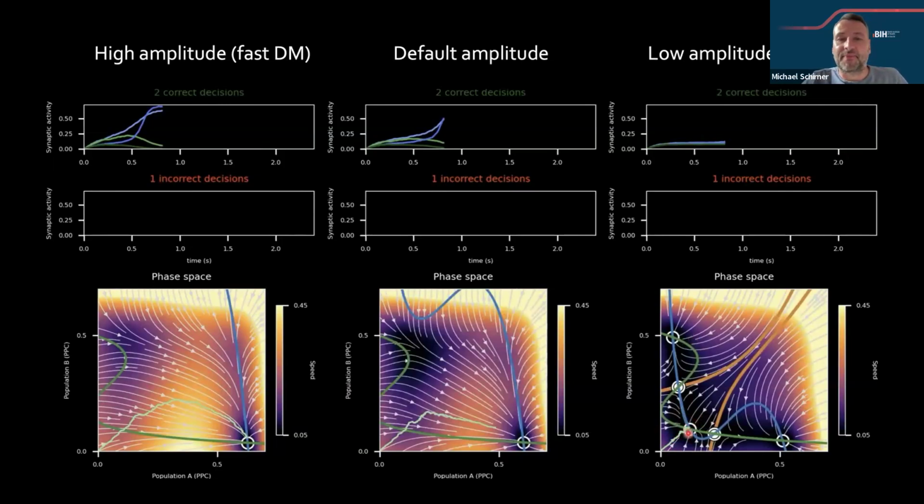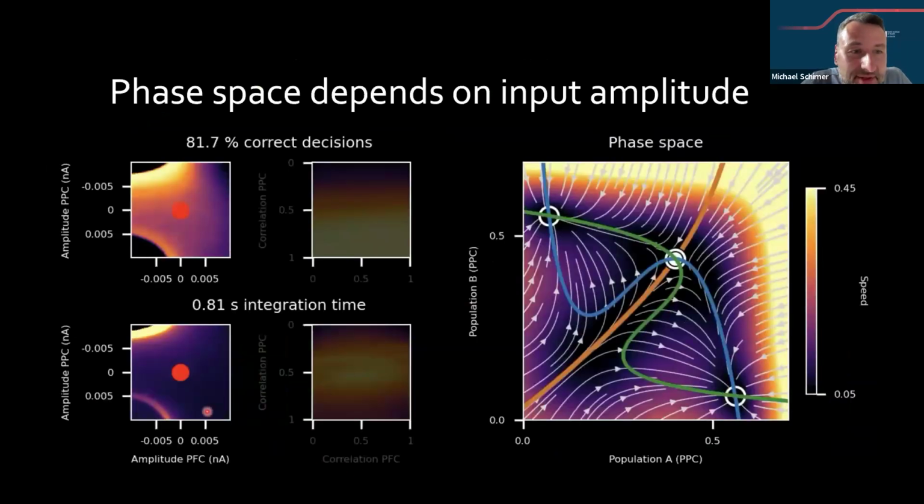So this new attractor here allowed us to keep the system in a low state and allowed us to integrate evidence. On the other hand, with increased amplitude, now we see actually the default state.